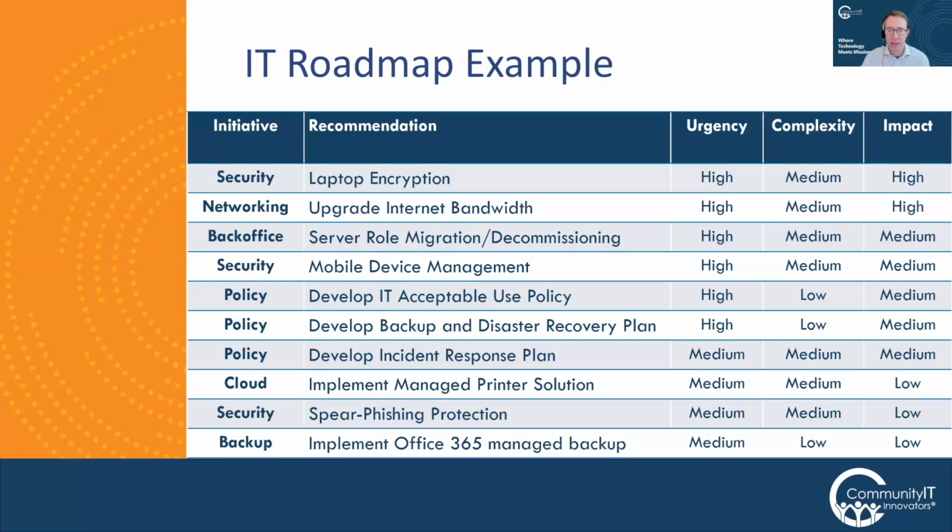High impact IT initiatives become, because they affect so many people, organizational initiatives. Whereas low impact IT initiatives, the IT team can sort of set these up and no one really knows.